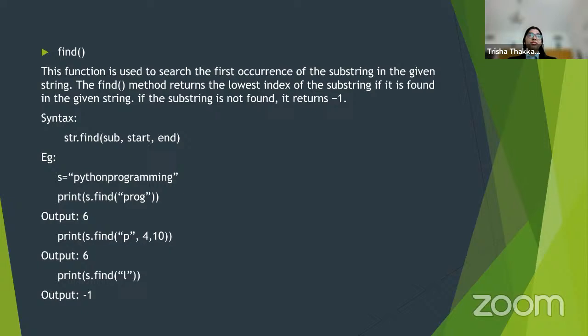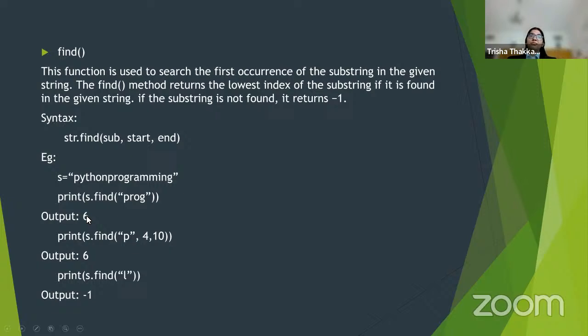In this example, we have taken the string as Python programming. In the first example, print s.find prog. Over here, it checks for the first occurrence of the substring prog, which is at index 6.